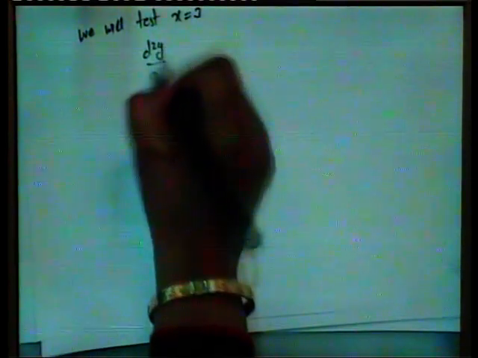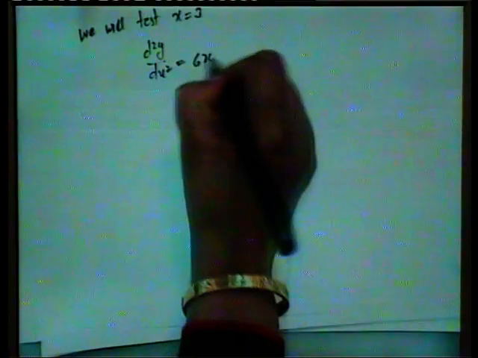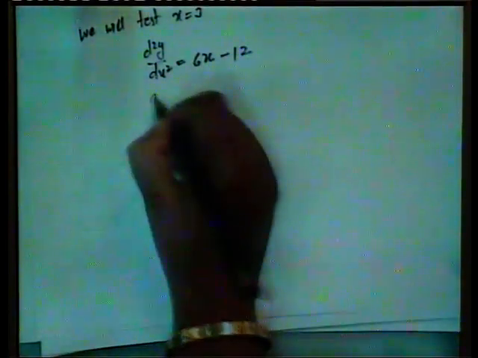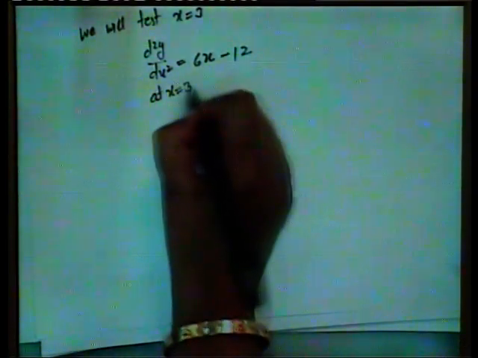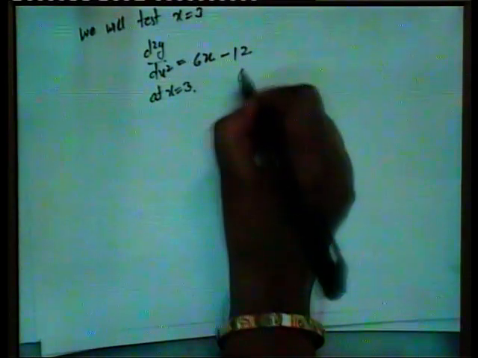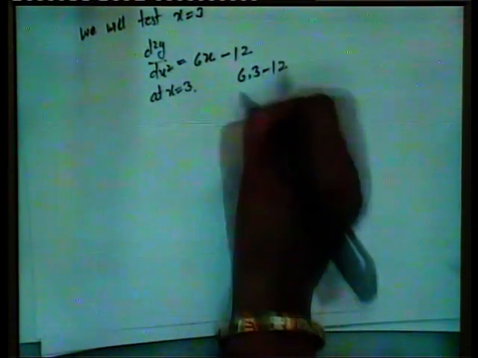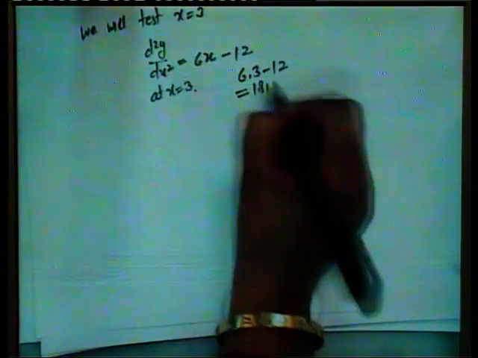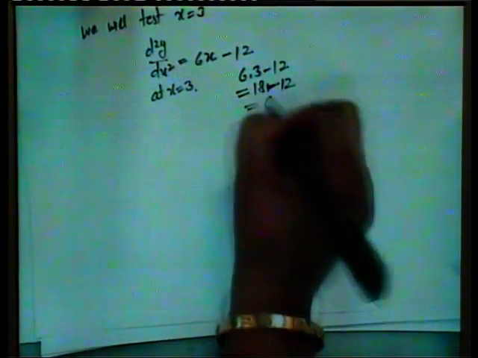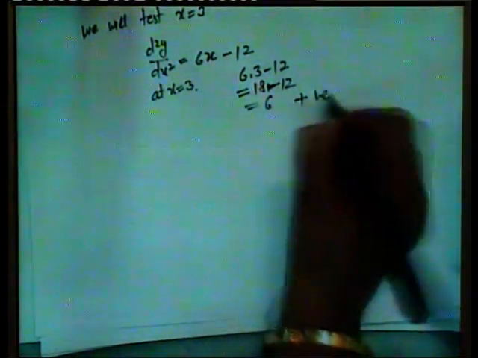Now we will test x is equal to 3. Our d2y by dx square is 6x minus 12 at x is equal to 3. This is 6 into 3 minus 12, 18 minus 12 is equal to 6, which is positive.